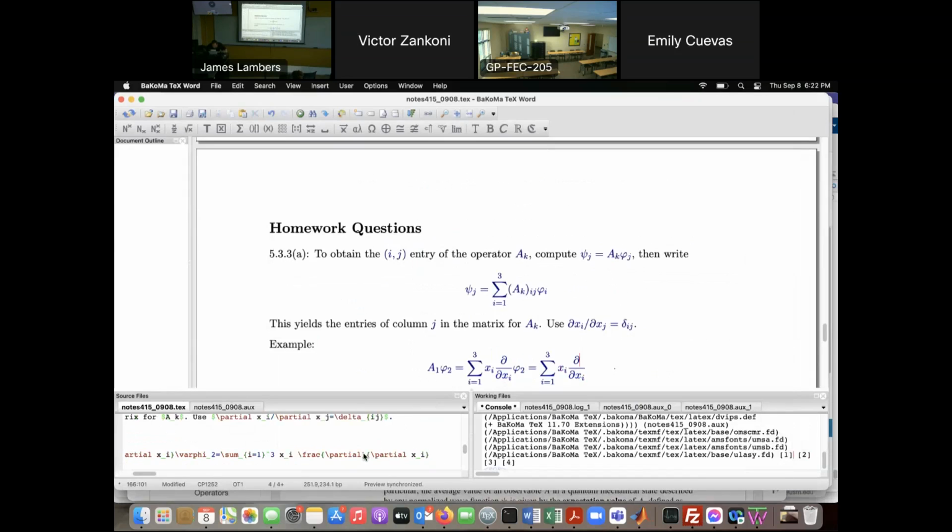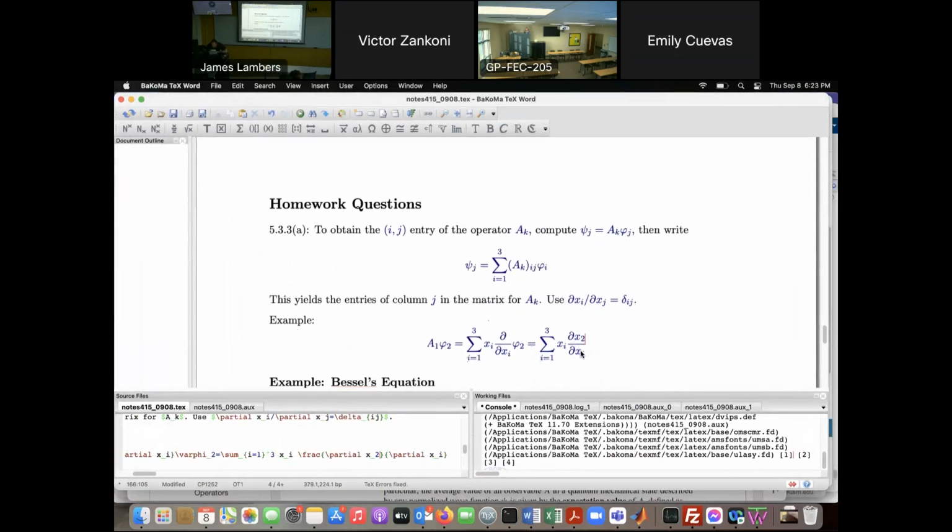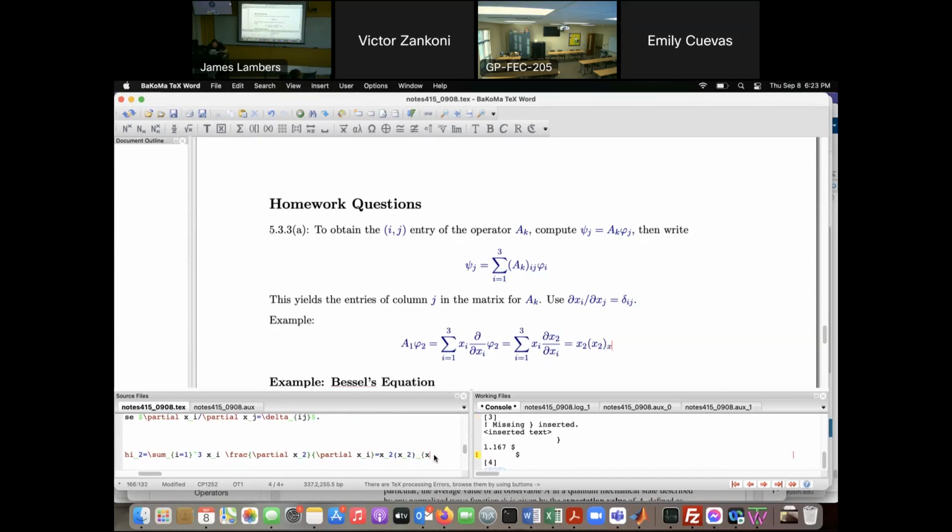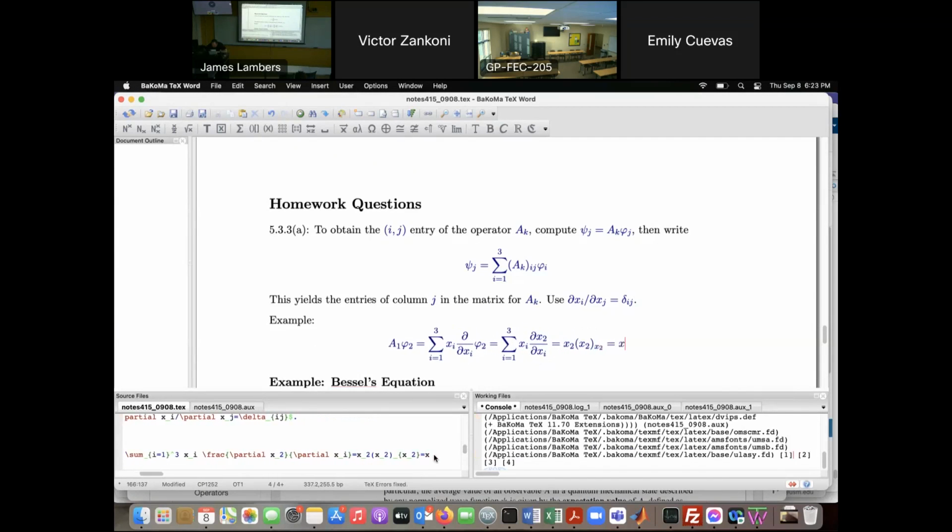The partial of x2 with respect to xi, this derivative is going to be 0 unless i is equal to 2, in which case the partial derivative would be 1. So we end up with x2 times the partial of x2 with respect to x2, which is 1. So we just get x2 as a result.